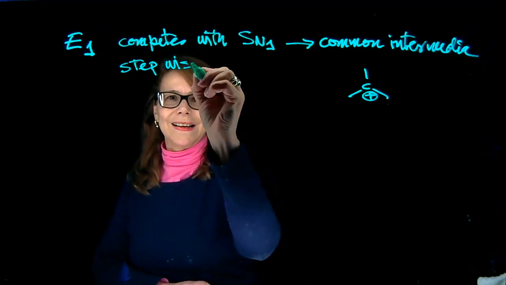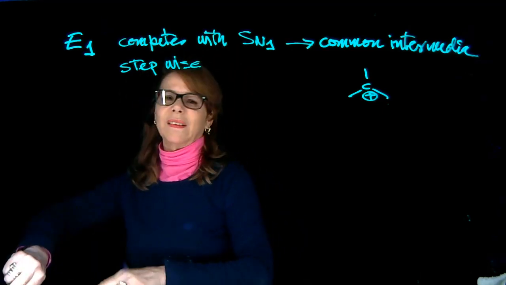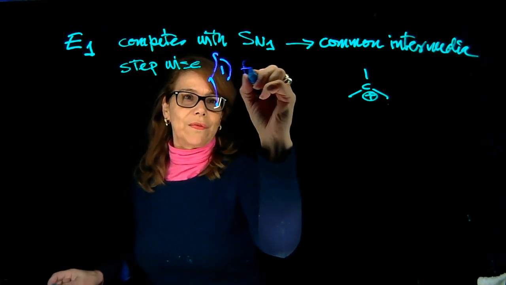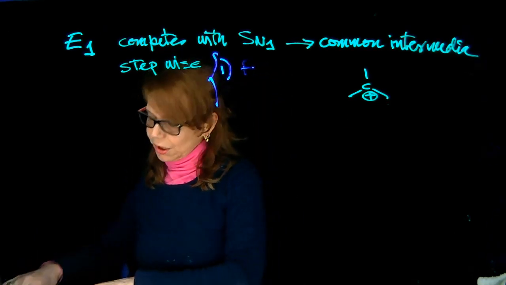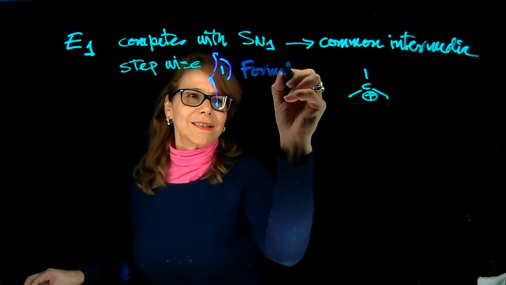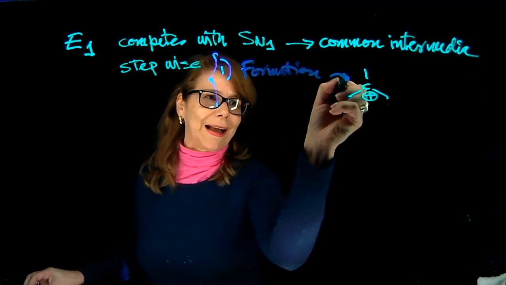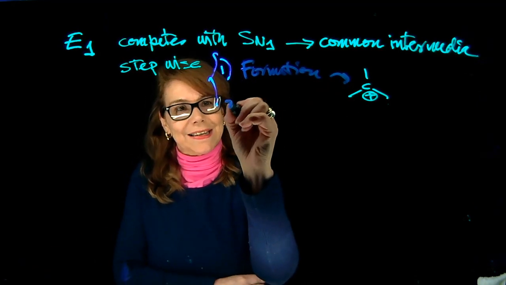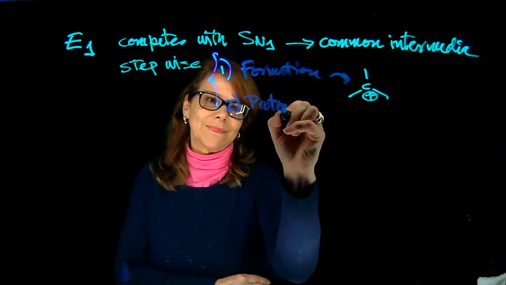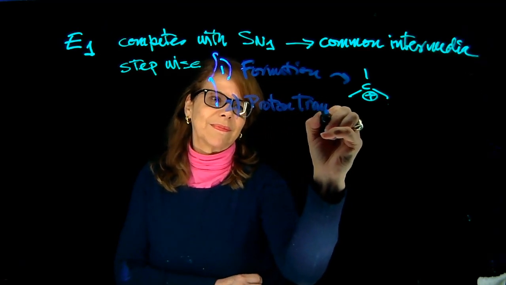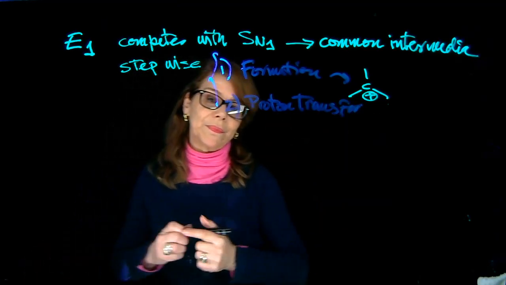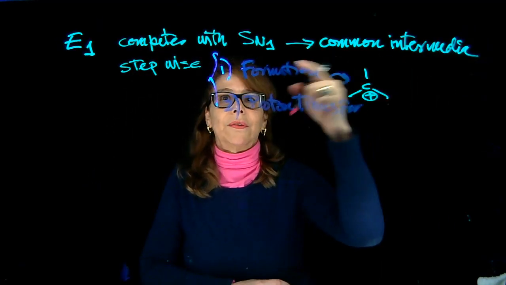So what that means is that in step 1, you have the formation of the carbocation. And in step 2, we're going to have a proton transfer. Here, the formation of that intermediate is the rate determining step.